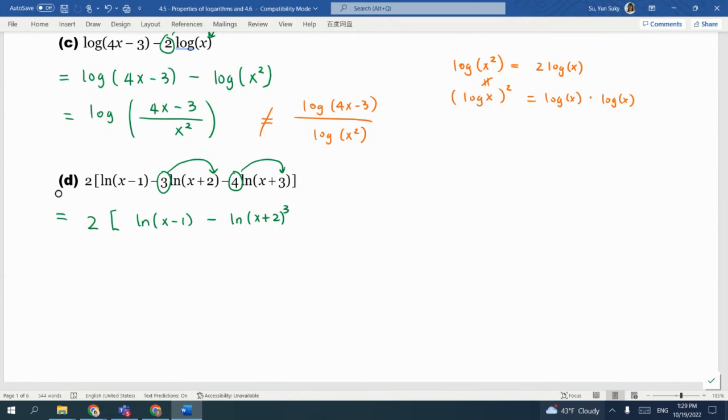Right, everybody? And don't forget the parentheses. Because if you forget parentheses, it looks like ln of x plus 2 to the cube is like 8. So be careful with the parentheses. Don't miss the parentheses. And then minus ln of (x plus 3) to the 4. Right, everybody?